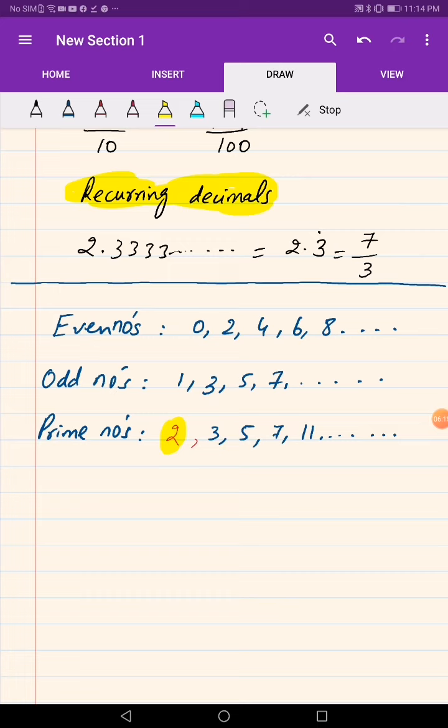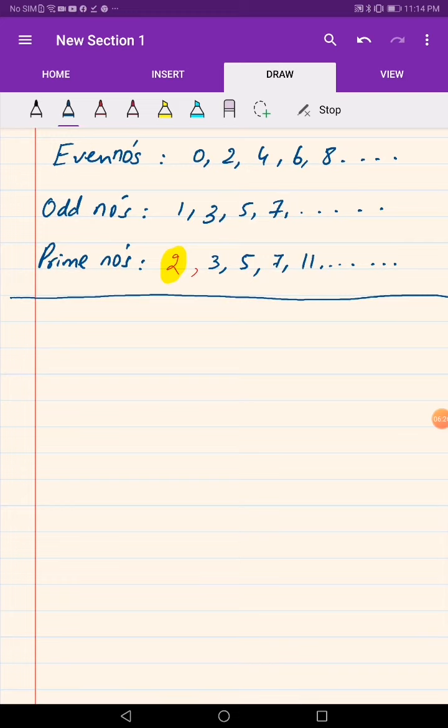Then, guys, this was the whole discussion on rational numbers. Now I'm going to go to irrational numbers. Irrational numbers are represented by I. These are numbers which cannot be written in the form of a fraction.